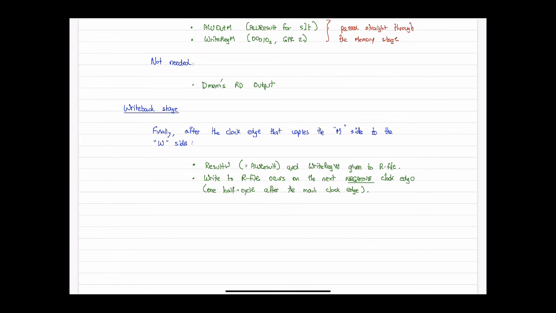All right, so that was the data path. Now let's take a quick look at pipeline control. The control unit involved here is exactly the same as used in the single cycle machine.